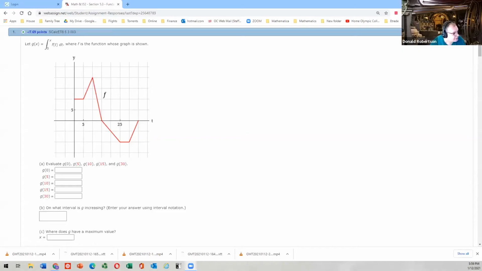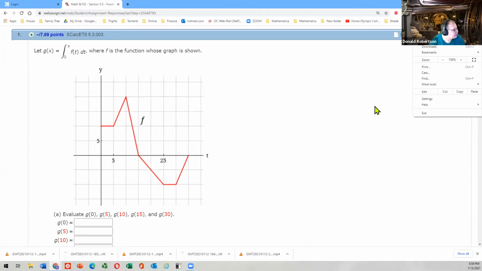Let's see what we got here. Can I make that a little bit bigger? Yeah, that's good. Now, what does an area function do? Me personally, I would have called that A of X, for area. But they're calling it G of X, which is okay.